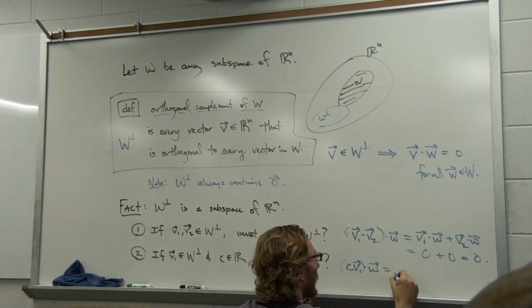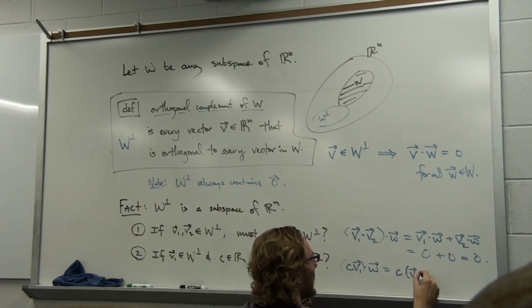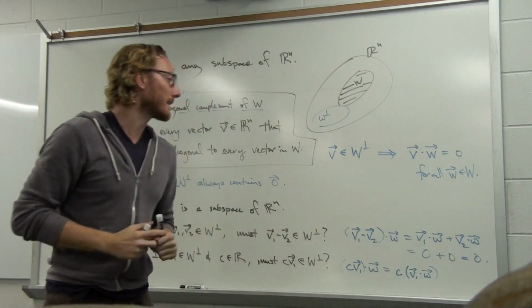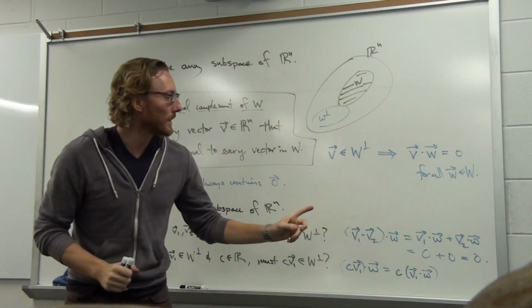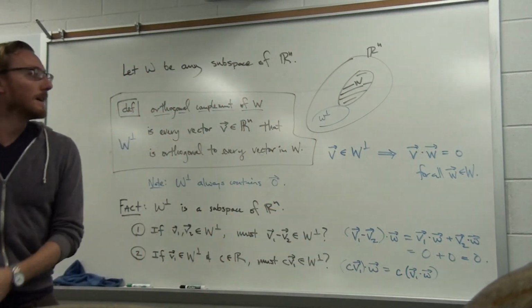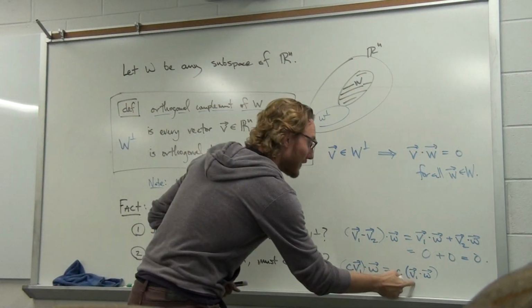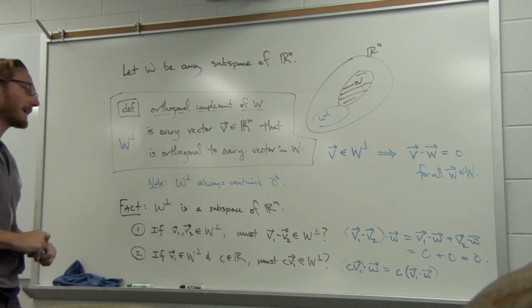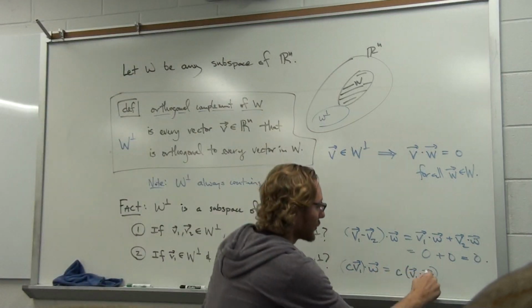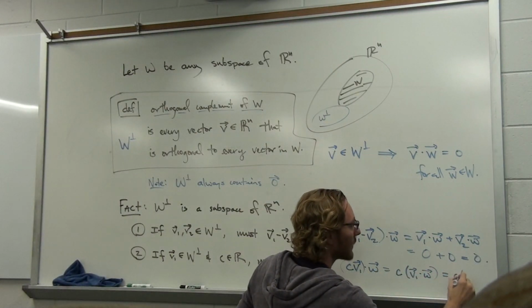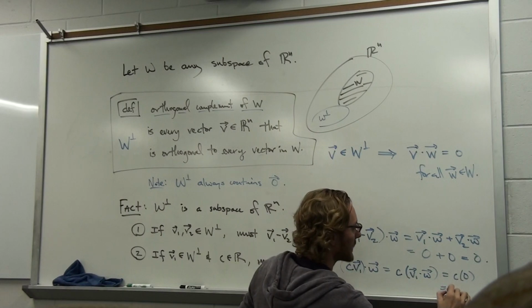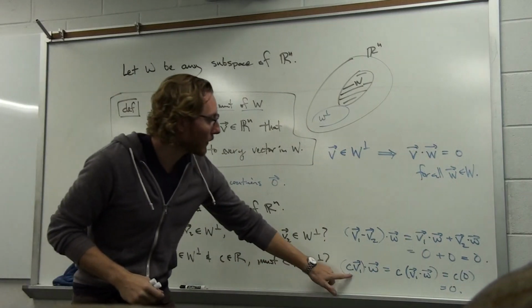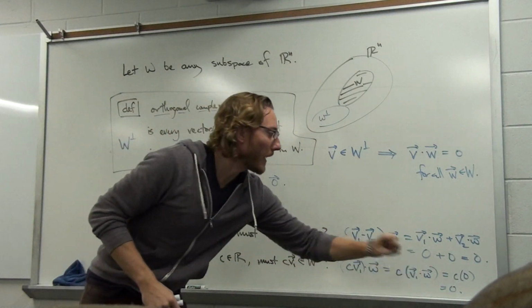And the long story short is pulling the scalar out via the fact that we saw previously, you could say that scaling the vector and dotting by any vector W would be the same as scaling the dot product of that vector times W, but that vector came from the orthogonal complement, so that vector is orthogonal to every vector in W, so that vector dots with W to be 0, and of course, any constant times 0 is 0. So the long story short is this scaled vector also is orthogonal to our W.